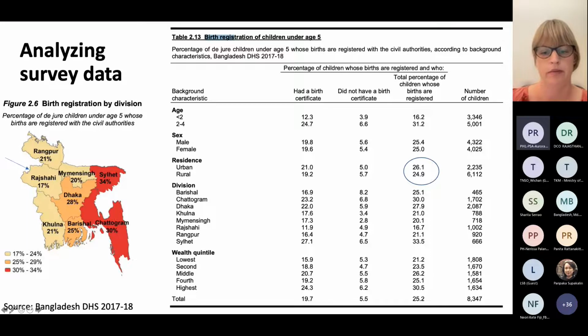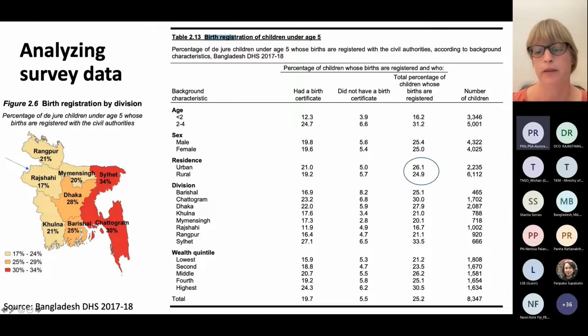And then the other thing that is interesting is the lowest wealth quintile has the lowest percentage, which we might expect. And it's about 10% lower than the highest wealth quintile. But it's interesting that those in between are clustered pretty close together. And it gradually increases, kind of jumps around. But maybe because registration rates are low, this doesn't play into it as well.